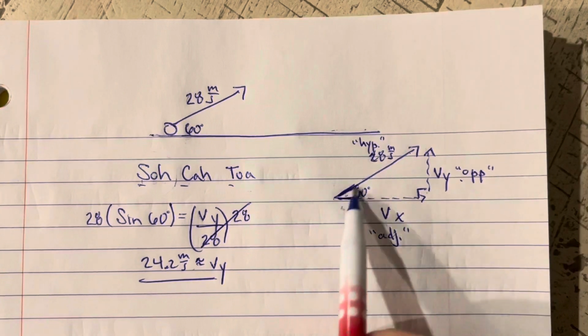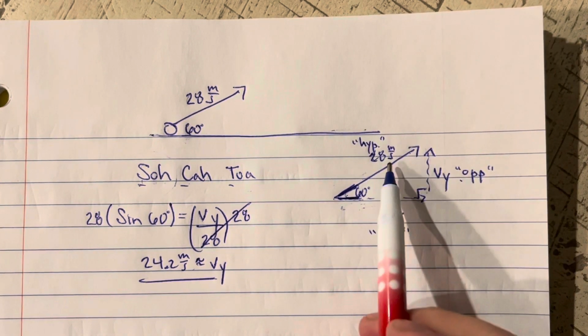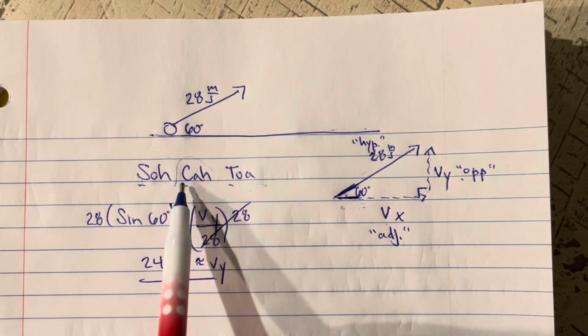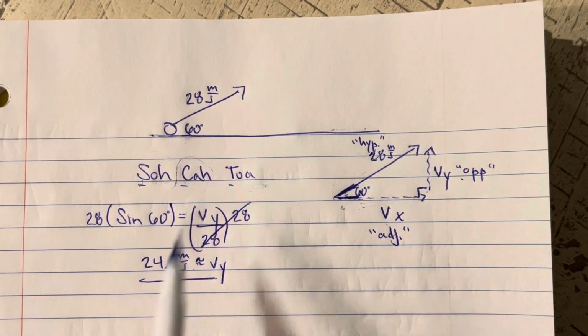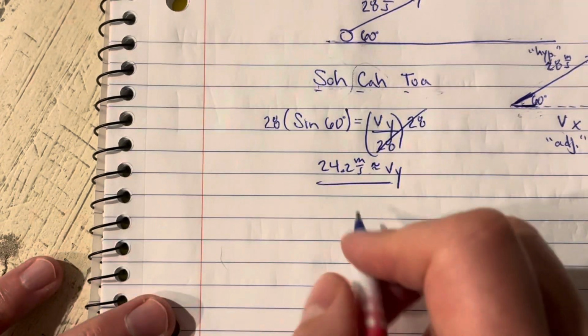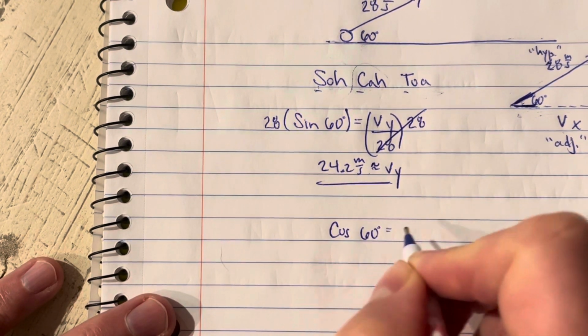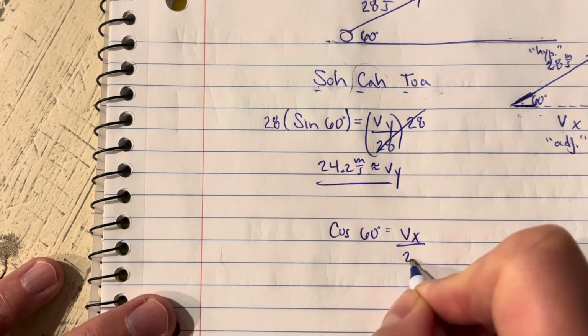Now let's get the x component. Well, relative to the angle, the x component, Vx, is the adjacent side, and we know the hypotenuse. Looking at SOHCAHTOA, that combination of adjacent and hypotenuse is cosine. Cosine is the ratio of the adjacent side length to the angle divided by the hypotenuse. So that sets us up for cosine of 60 degrees equals Vx over 28.